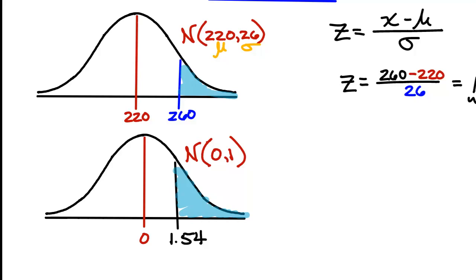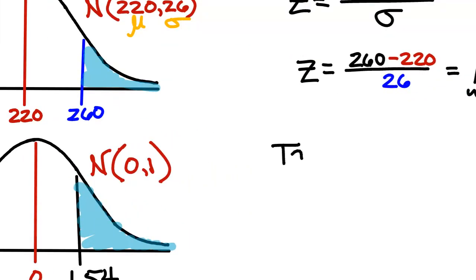And now we're going to pull out table A. So we don't need the first piece of paper on the formula sheet. I'm over here. How do I look up 1.54 on table A? What's the first thing I go look for? 1.5 down this side.